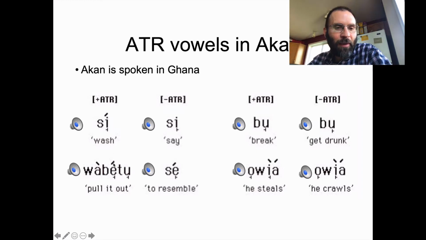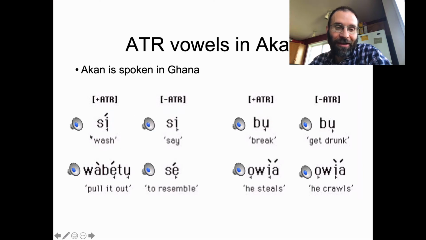These are some examples of plus and minus ATR vowels from the language Akan, which is spoken in Ghana. You should be able to hear that the plus ATR vowels sound higher and more front, and these should sound lower and backer, even though the top of the tongue is basically doing the same thing in both sets. Si, se.